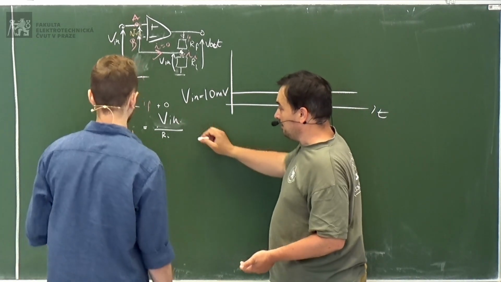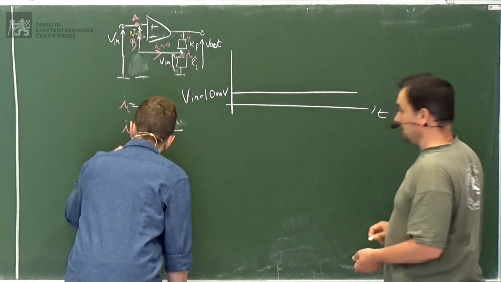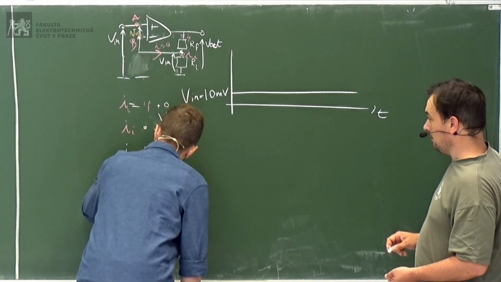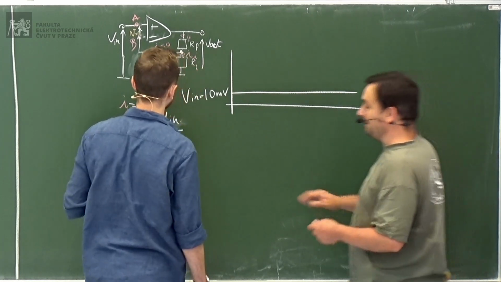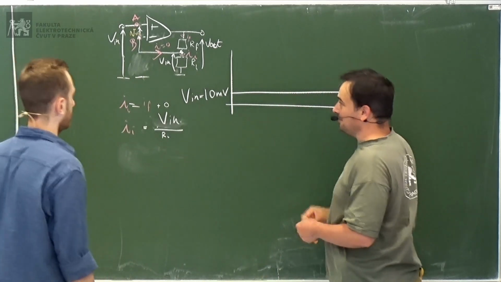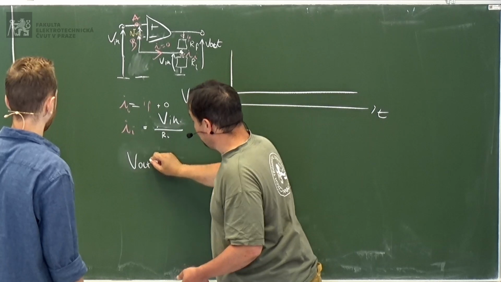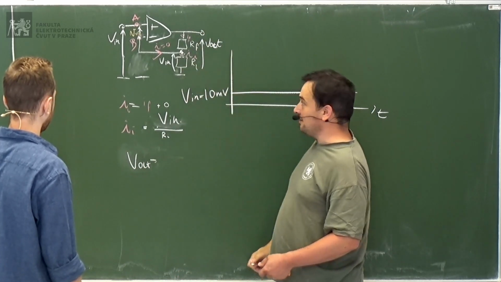IF is the same. So IF is equal to V out minus VB, which is Vin. That's too complicated. V out is simply the voltage on the resistance RF plus the voltage on the resistance RI.